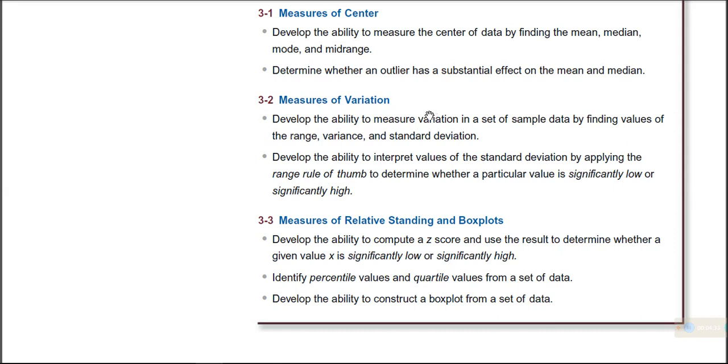For the second topic, we're going to focus on measures of variation. You are expected to develop the ability to measure variation in a set of sample data by finding values of the range, variance, and standard deviation. And also develop the ability to interpret values of the standard deviation by applying the range rule of thumb to determine whether a particular value is significantly low or significantly high. In the measures of variation, in our previous videos, you can see how to compute the range and standard deviation. The variance is obtained along the procedure of getting the standard deviation.